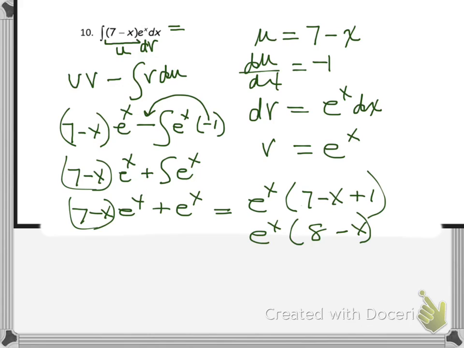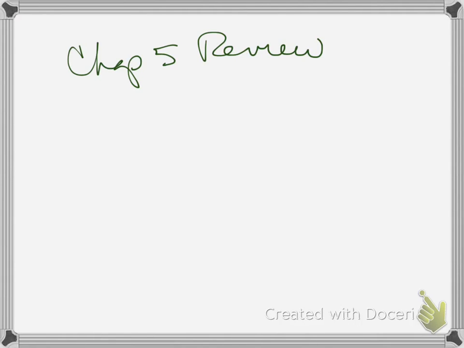There's another thing they talk about in this section, called integration by partial fractions, and we're not going to do that piece. What I'd like you to do at this point is try to do the Chapter 5 review in your textbook to see if you understand all of the integration.